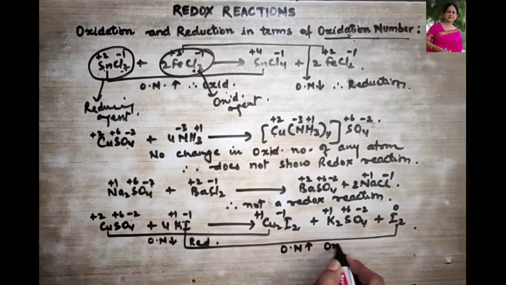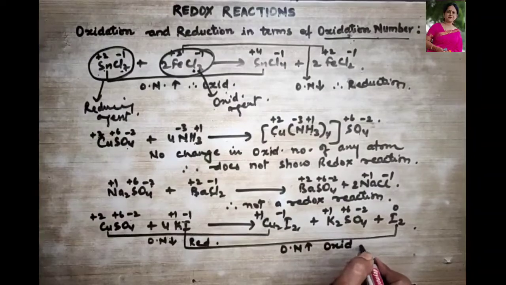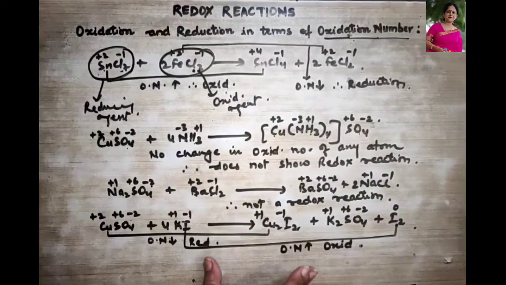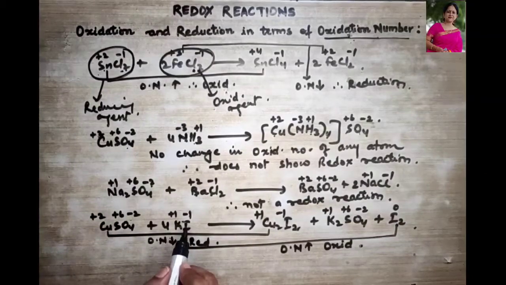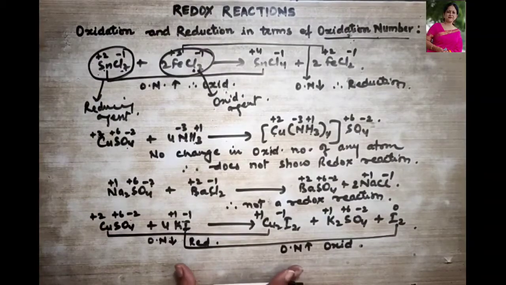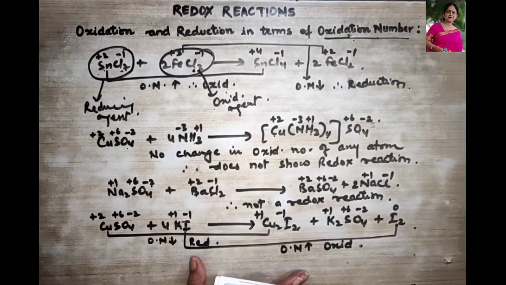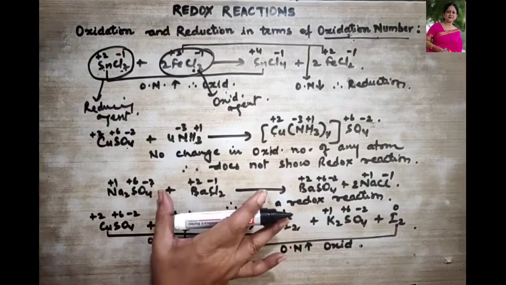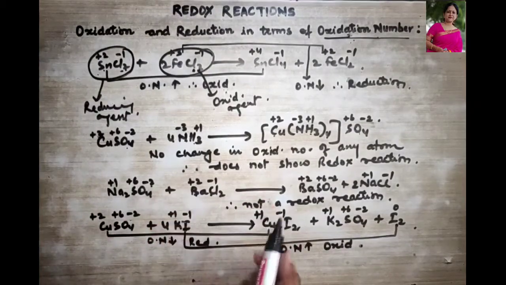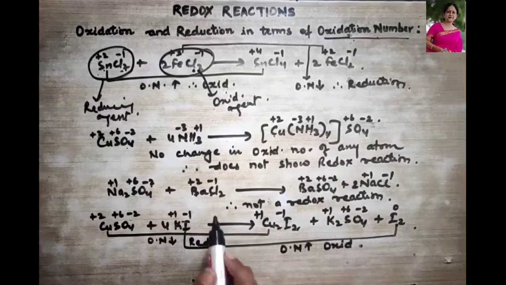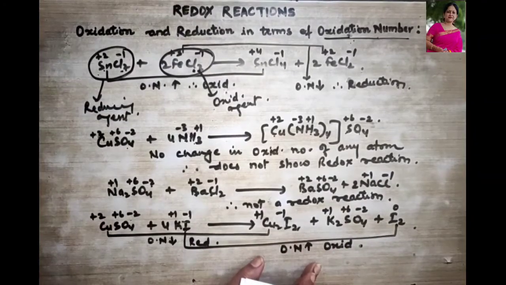So this shows oxidation. Since one atom, copper, and another, iodine, show a decrease and an increase in the oxidation number, such a reaction is said to be a redox reaction. Is this point clear? Just looking at the reaction, we cannot tell whether it is redox or not until we find out the oxidation numbers and study the increase and decrease in them.